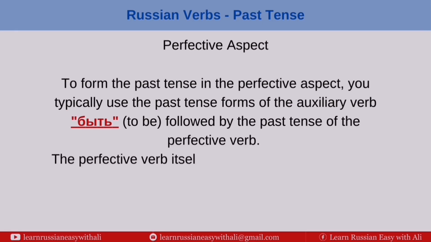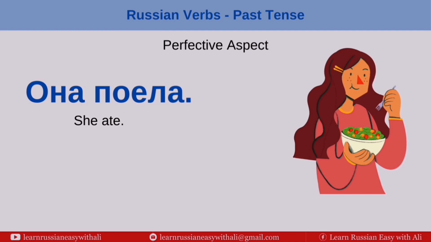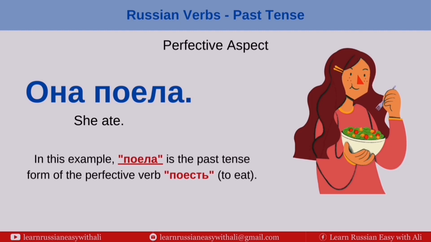The perfective verb itself remains in its dictionary form. Она поела. In this example, поела is the past tense form of the perfective verb поесть, "to eat."